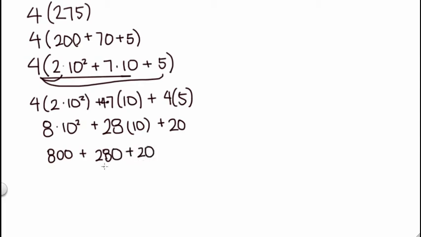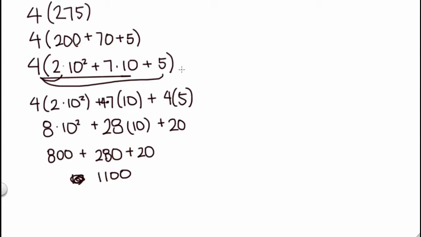So adding it all up, 280 plus 20 is 300, plus 800 is, I messed up, 1100, right? Because it's 300 plus 800, which is 1100. So that's the result of doing it that way.